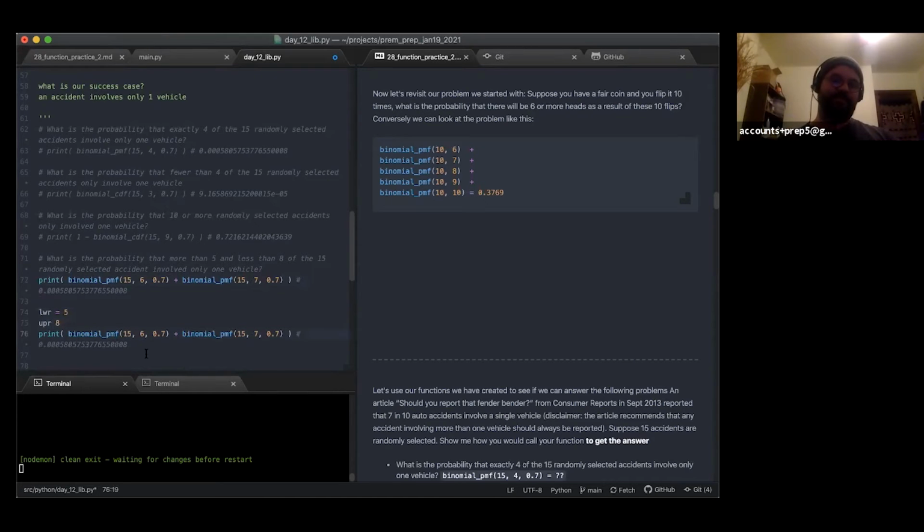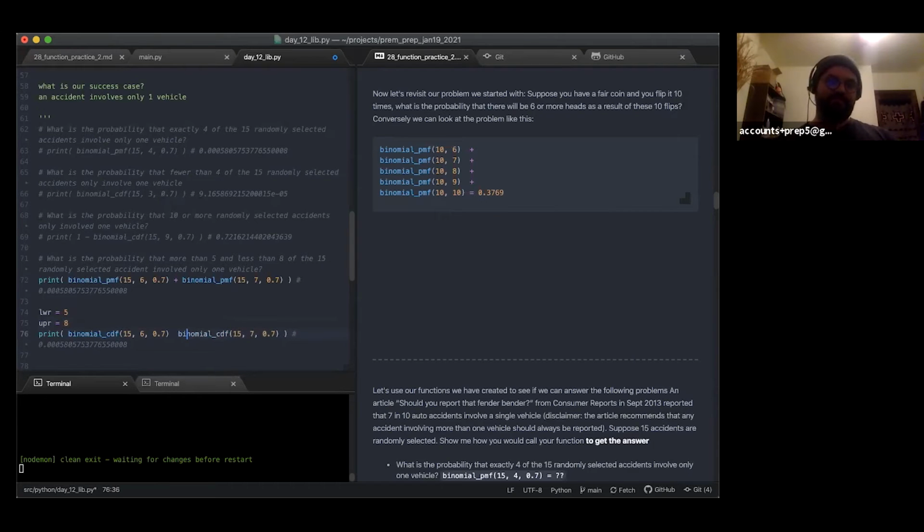And we want to use CDFs. So how would we use CDFs to do this, right?